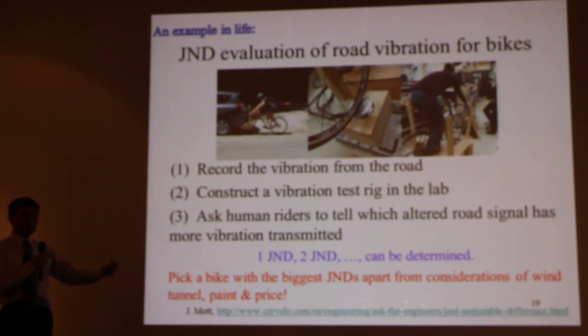Maybe they construct 10% of the vibration recorded and 20%, etc., up to 100%. And then they use humans to test at which level of vibration in the simulation the human starts to sense the change. So this is the way to measure JND.